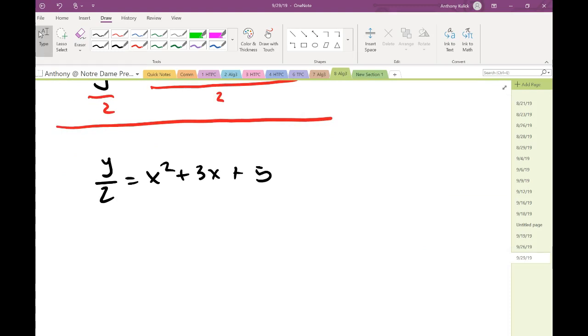So we've gotten that leading coefficient to be 1. What we need now is to move that constant term onto the other side of the equation. So to move that 5 over to the left-hand side, what should I do? Yeah, I subtract 5.